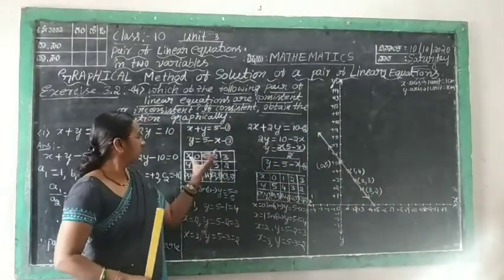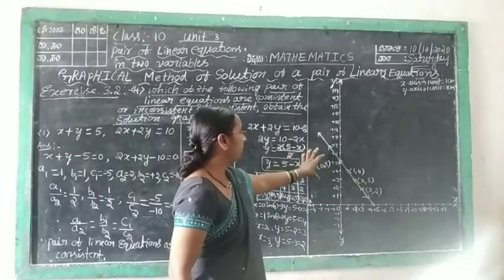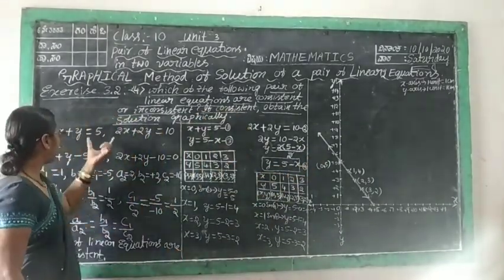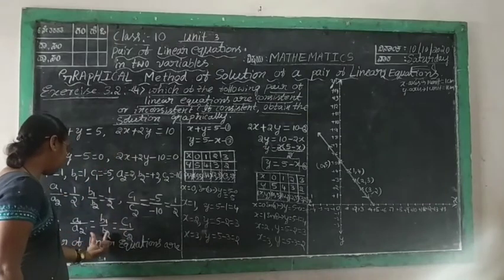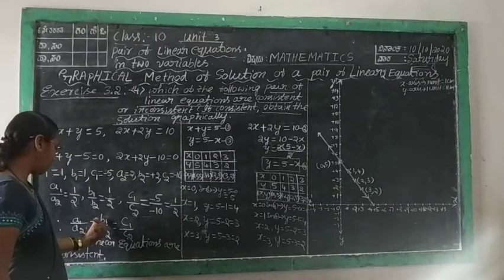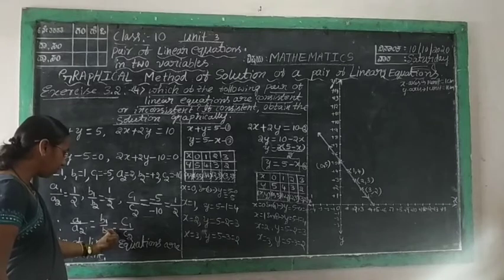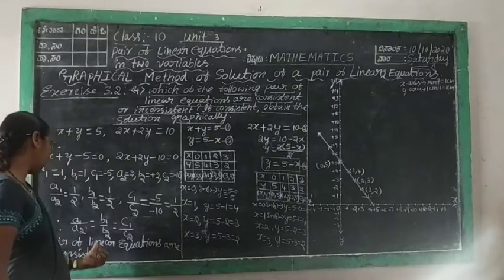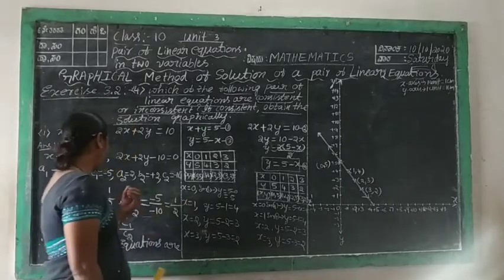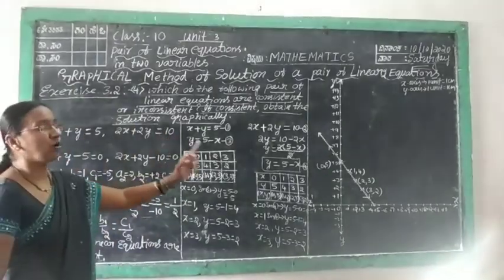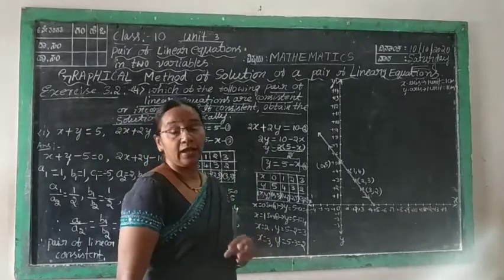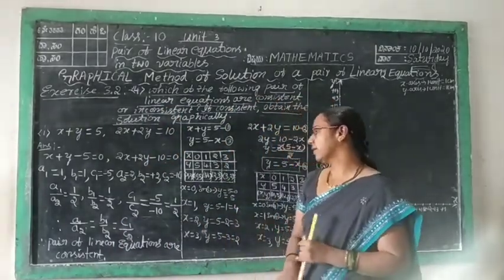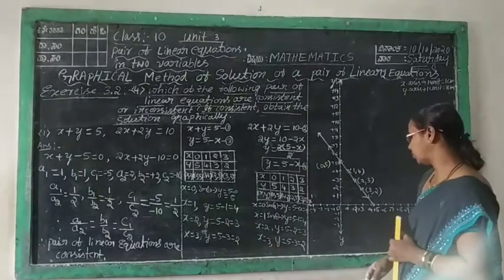This graph is coincident lines because in the given problem the ratio a1 by a2 is equal to b1 by b2, that is equal to c1 by c2. The pair of linear equations is consistent and the graph is coincident lines. It has infinitely many solutions.